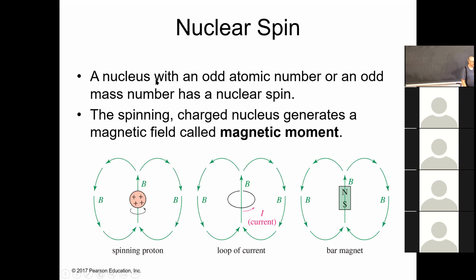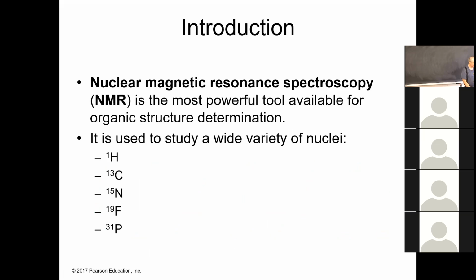Let's look at nuclear spin first. A nucleus with an odd number of protons, that is an odd atomic number, or an odd mass number has a nuclear spin. That's what these all have in common. Notice carbon-12 is not listed.